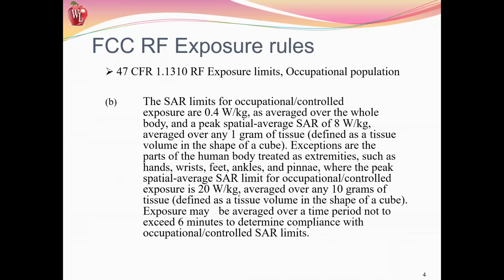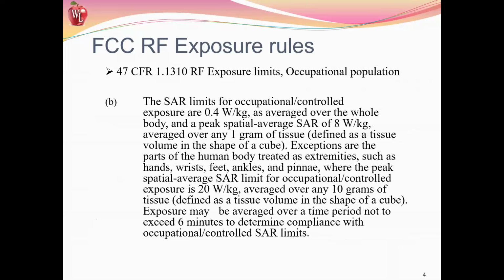Okay, let's look at the different exposure environments we have. This is right out of the rules. This is 47 CFR, Part 1. RF exposure has a couple of different environments. This is the occupational or controlled exposure.